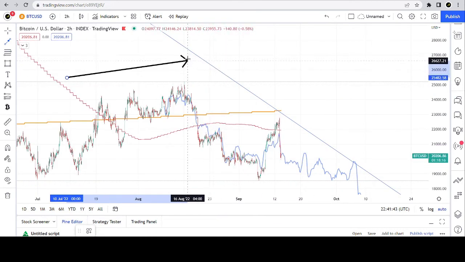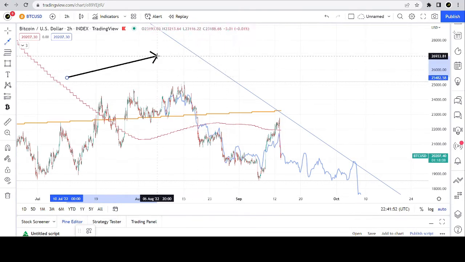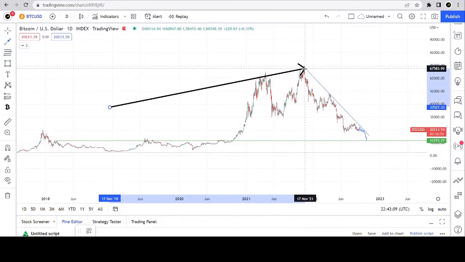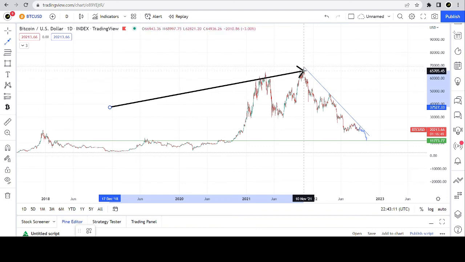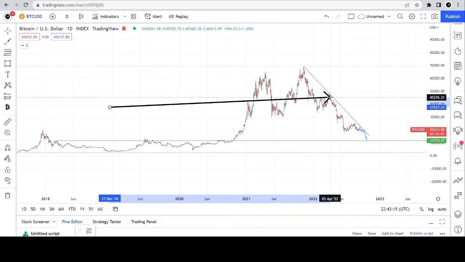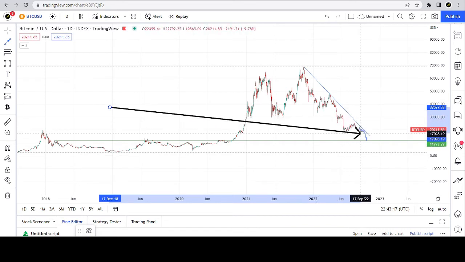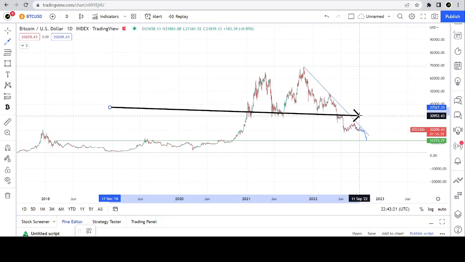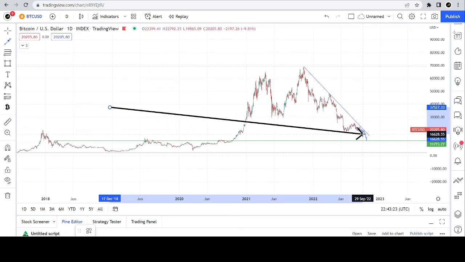Now, this trend line is important because every single time in Bitcoin corrective structures, it hits this trend line. So you can draw a trend line. After the initial peak, it moves up, and from that first retrace, you could draw a trend line once that second wave has formed, and it usually hits that trend line at some point on the third wave. Sometimes it goes above it, gets pulled back in.